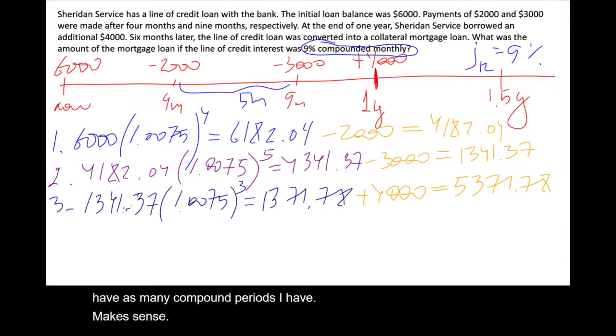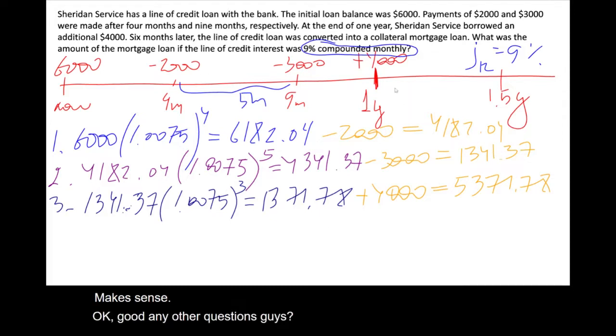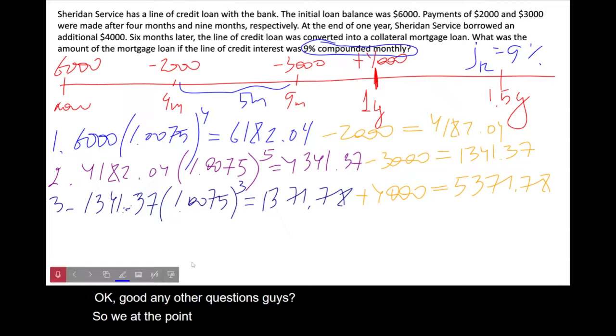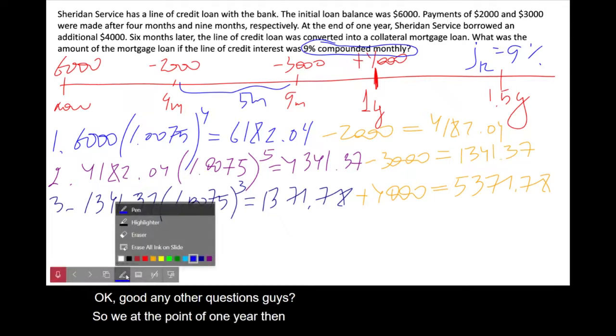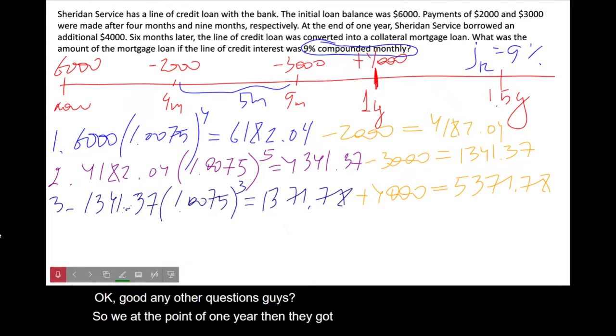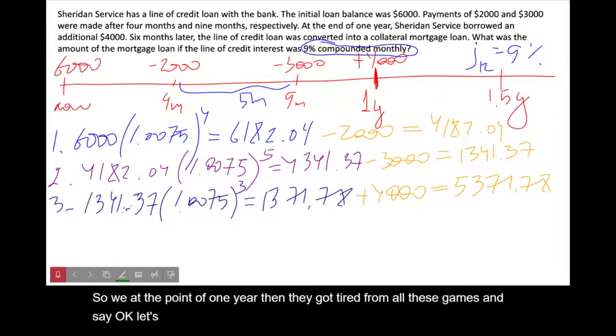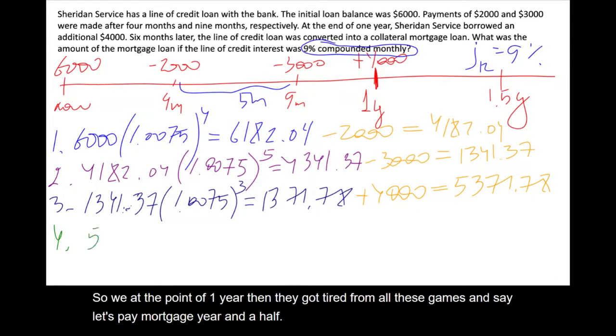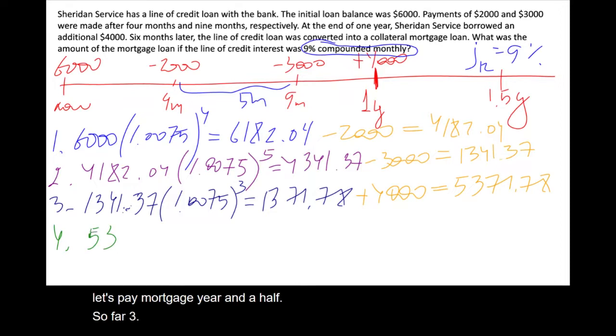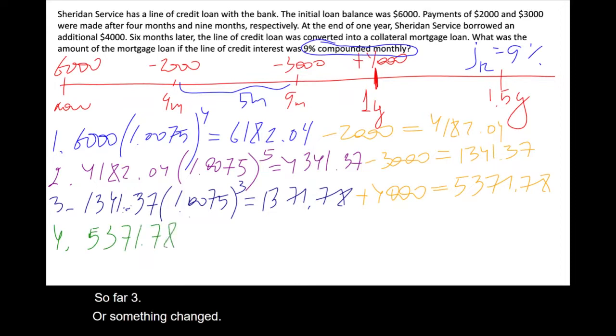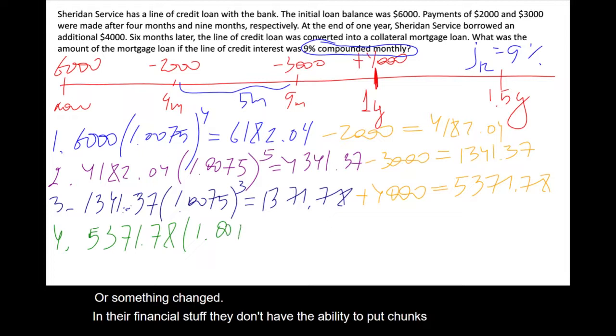Okay, good. Any other questions, guys? So we are at the point of 1 year. Then they got tired of all these games and say, okay, let's pay the mortgage. Actually, a year and a half. Or something changed in their financial situation. They don't have the ability to put in chunks of money.